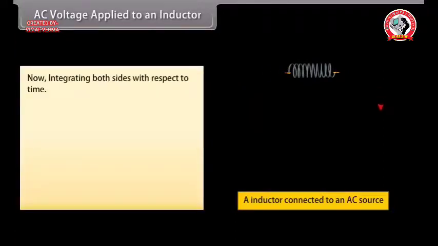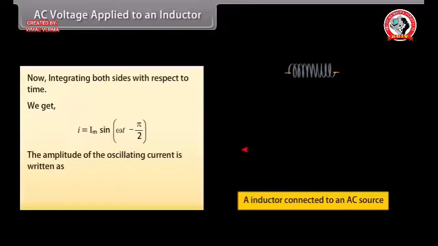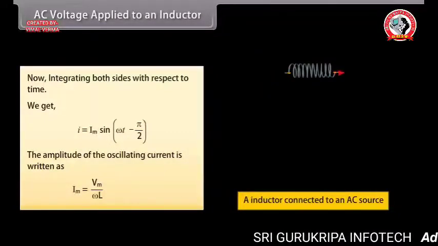Now, integrating both sides with respect to time, we get I is equal to Im sin omega t minus pi by 2. The amplitude of the oscillating current is written as Im is equal to Vm upon omega L.